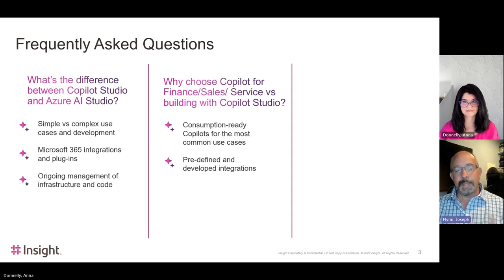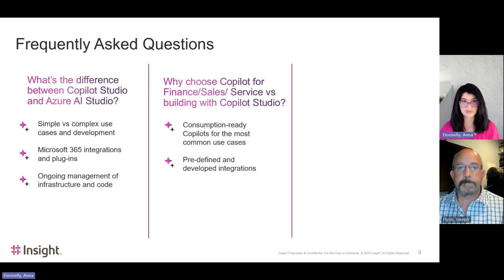When you start thinking through what should I use and how from a supportability perspective, you have to look at the cost to support once you start doing custom connectors and other custom things, versus just taking something off the shelf where Microsoft thought through, with the other partner, whether it's Salesforce, ServiceNow, or Dynamics, all the capabilities that may be needed in that solution. My understanding is that there are also agent capabilities already built into Sales, Service, and Finance.